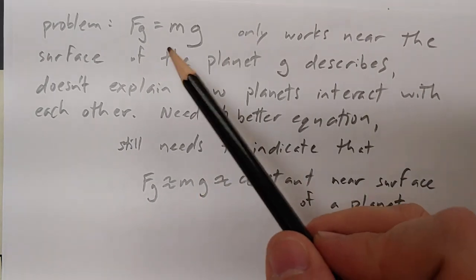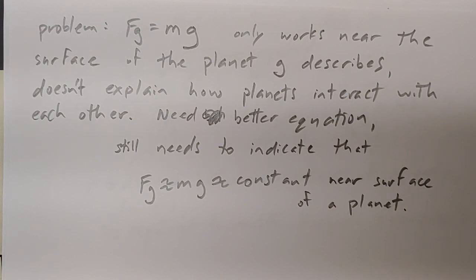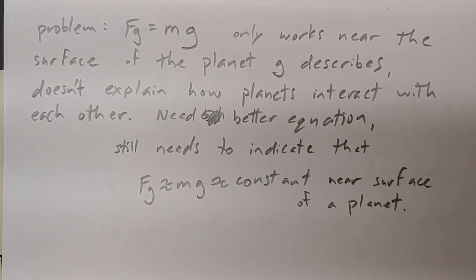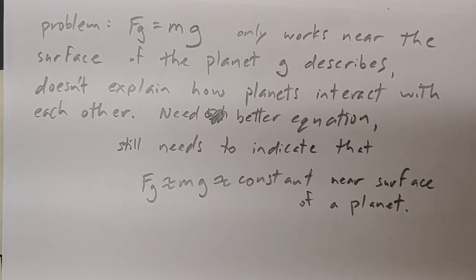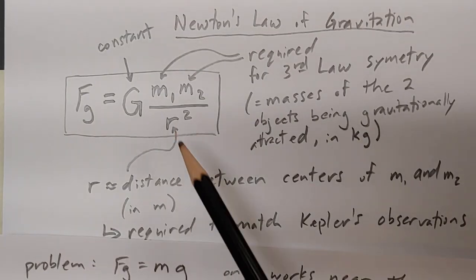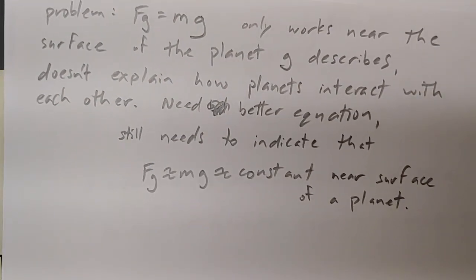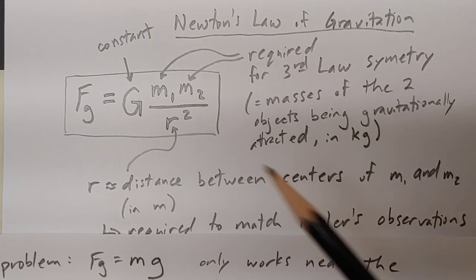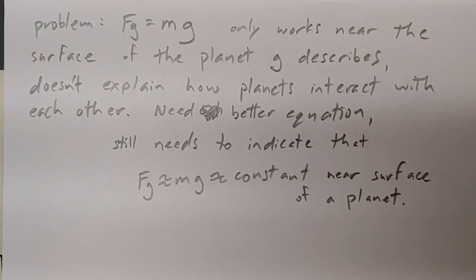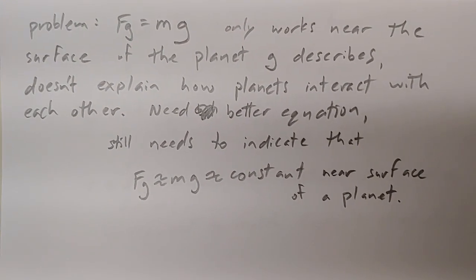We used the force of gravity equals m times g a whole lot when we were dealing with the Earth, and we didn't really care if we were falling out of an airplane, on top of a mountain, in a skyscraper, or just standing on the surface of the Earth. We never had the force of gravity go down when we were further away, like this equation would imply. So let's take a look at why that is and make sure that this equation really does return a roughly constant value anywhere near the surface of the Earth.